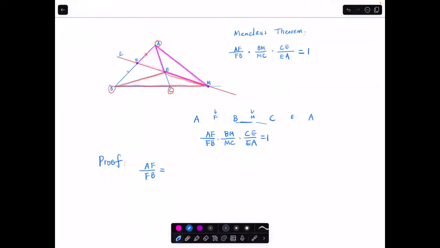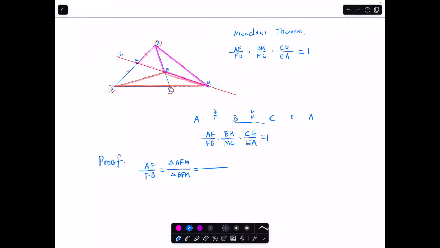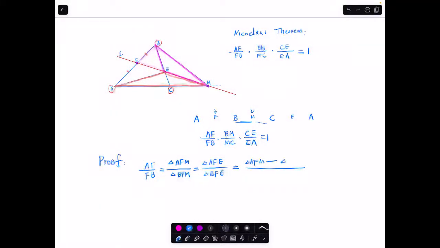Okay, the two sides. So I claim that this is going to be equal to the area of AFM over triangle BFM, which is also equal to the triangle AFE and triangle BFE. And then what happens is equal to AFM minus AFE, and this is BFM minus BFE.